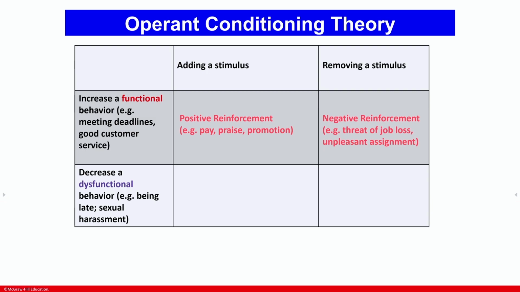Negative reinforcement can also encourage members of an organization to perform desired or functional behaviors. Managers using negative reinforcement actually eliminate or remove undesired outcomes once the functional behavior is performed. And these outcomes, often called negative reinforcers, can range from criticism to unpleasant assignments or threat of losing one's job.